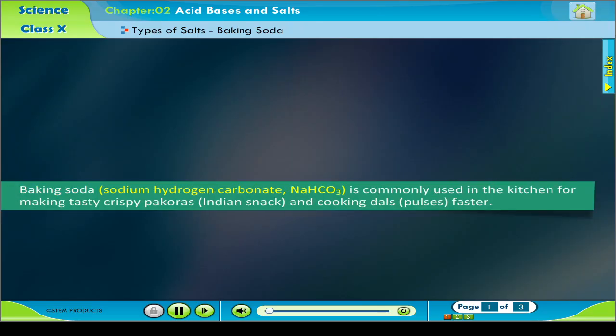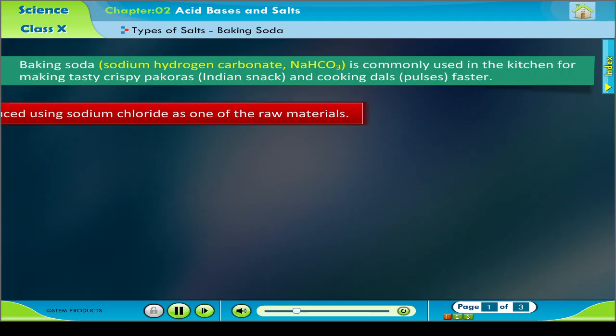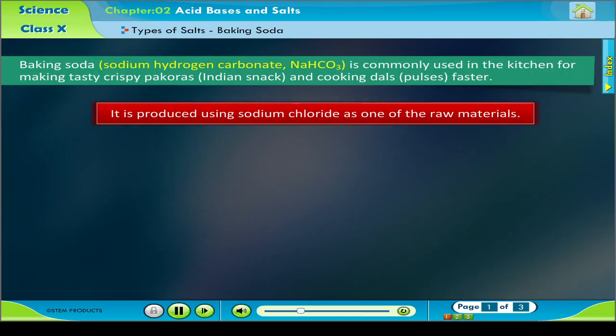Baking soda, sodium hydrogen carbonate, NaHCO3, is commonly used in the kitchen for making tasty crispy pakoras, an Indian snack, and cooking dals, pulses, faster. It is produced using sodium chloride as one of the raw materials.